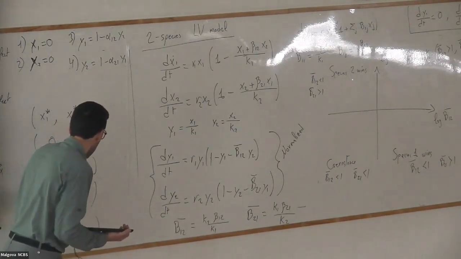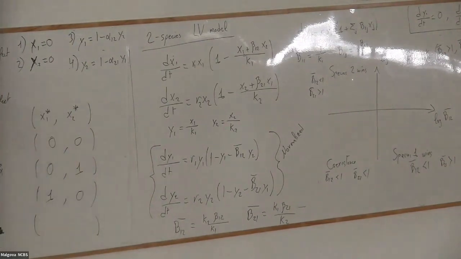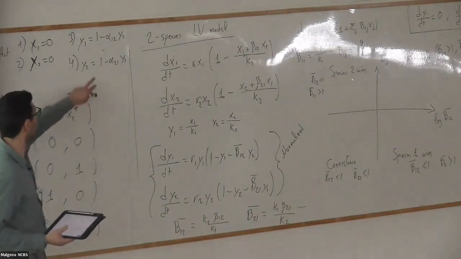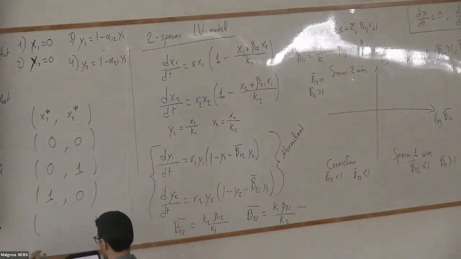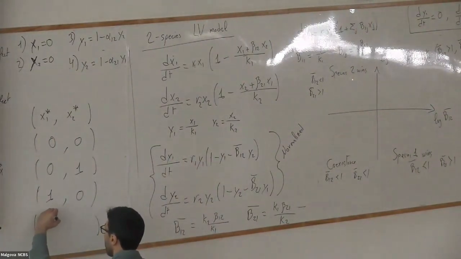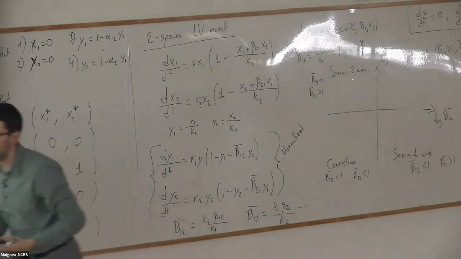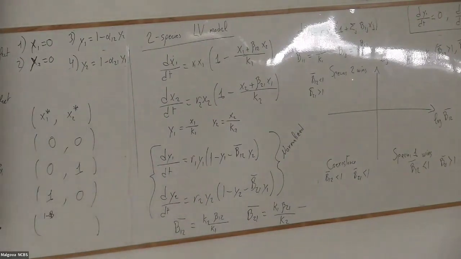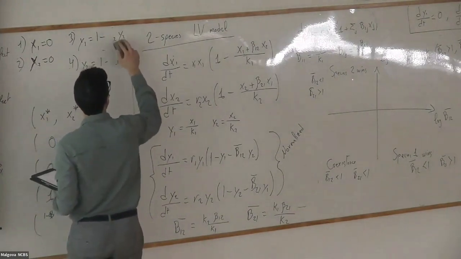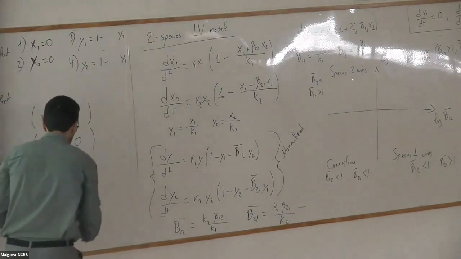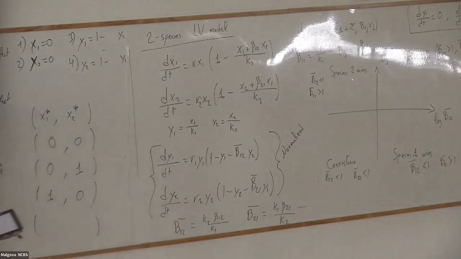And we can also have only the other species. And then there is a fourth one where these two null clines cross. So for this one we will have 1 minus, sorry, I'm very used to calling these b's alphas, and you will see that this is the case also in other papers. So if I write alpha again, please just tell me.